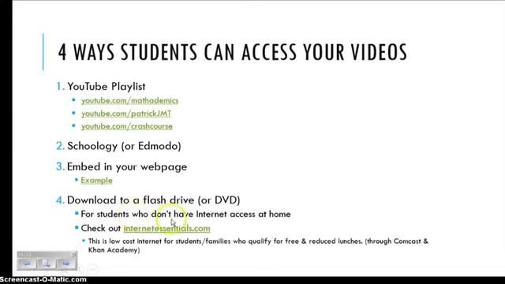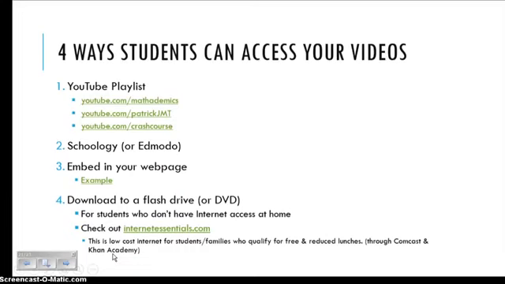What I'm going to do for those students who don't have internet access at home, download it to a flash drive or a DVD, hand it to them, let them take it home and access it that way. Also, something that you should really consider checking out is internetessentials.com. Anywhere that Comcast can hook up internet access, offer a low-cost internet for students and families who qualify for free and reduced lunches through the federal program.